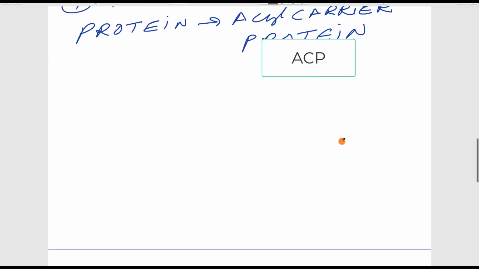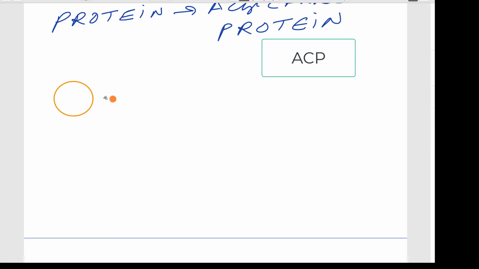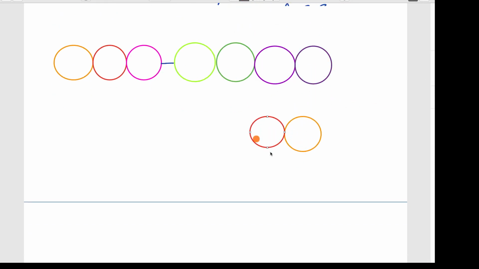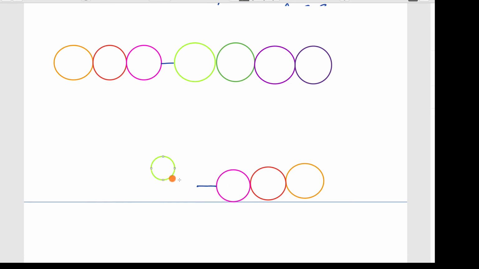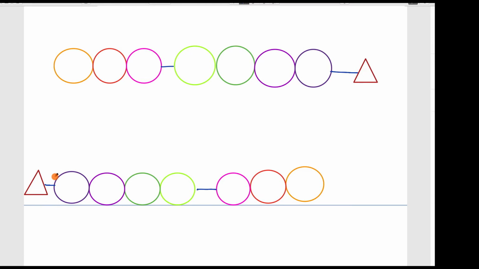Now let me show how these monomers are arranged. This is how the monomers are arranged.